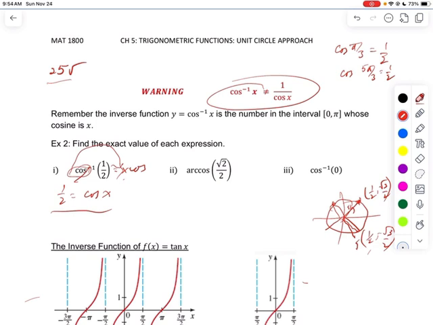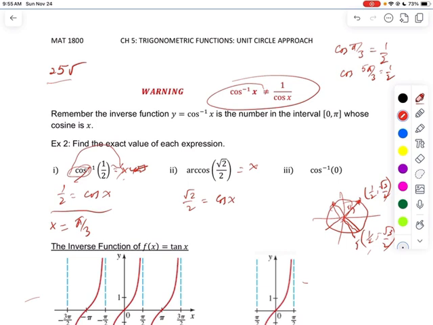When this is pi over 3, the terminal point here was 1/2 comma square root of 3 over 2. So the reflection will be 1/2, negative square root of 3 over 2. The cosine is the x coordinate. So cosine of pi over 3 is 1/2, and the same thing, cosine of 5 pi over 3 is 1/2.